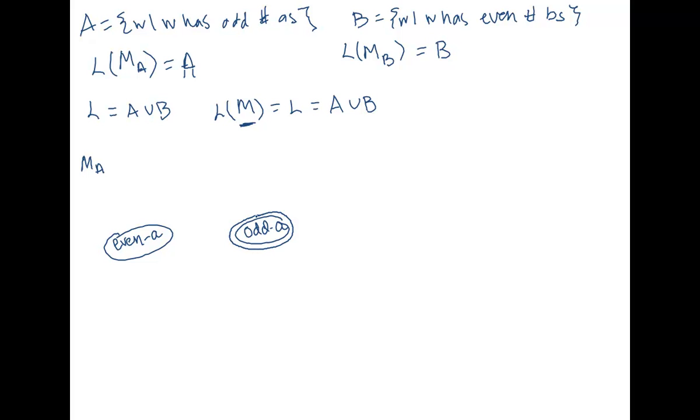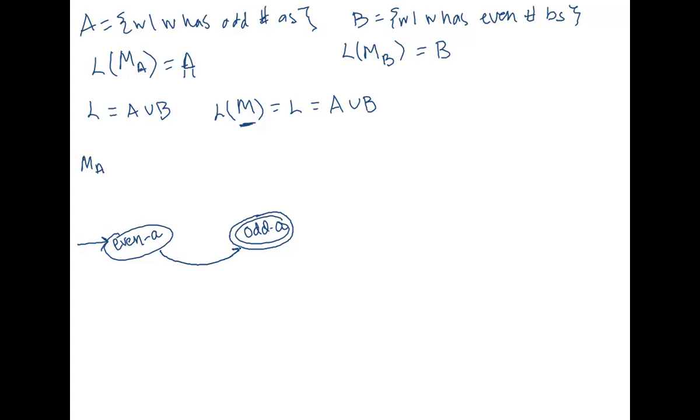Alright, where do I start off? Well, if I haven't read anything yet, it means I've read 0 characters. And if I've read 0 characters, it means that I've read 0 A's. And we've said before, 0 is even. So when I start out my machine having read nothing at all, I'm going to start off in this even A state. Okay, so when I'm there in even A, if I see an A, I need to transition over here to odd A's.